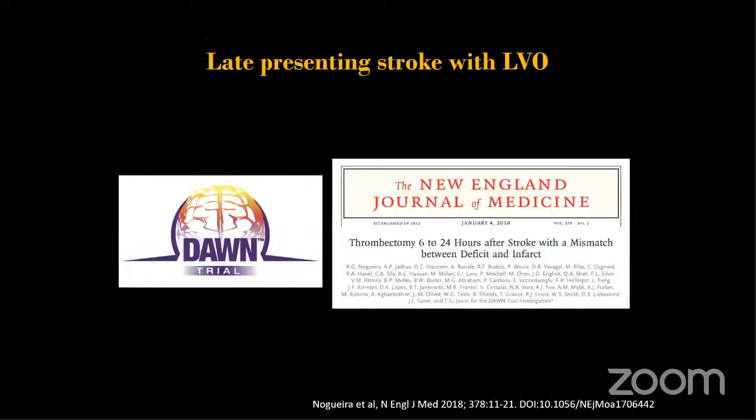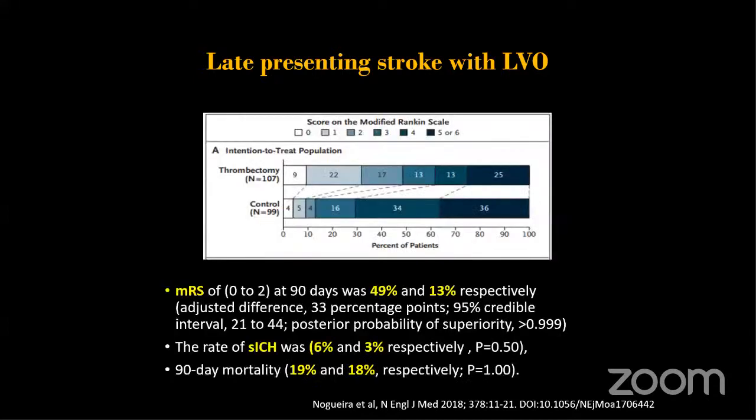Then after these trials and overwhelming evidence for endovascular treatments, the late presenting stroke trials came out in late 2017, early 2018. The DAWN trial, 6 to 24 hours. They randomized into 2 arms, one for thrombectomy with specific inclusion criteria, and the other one, the control arm, which is the best medical treatment.